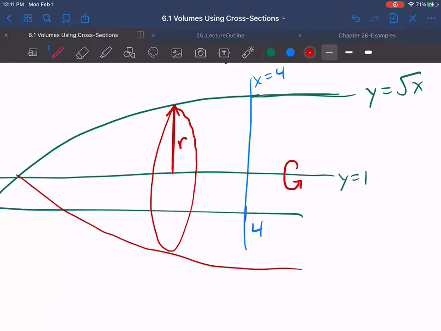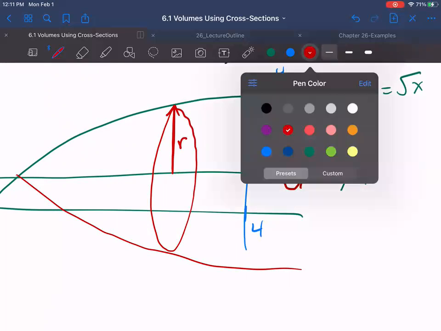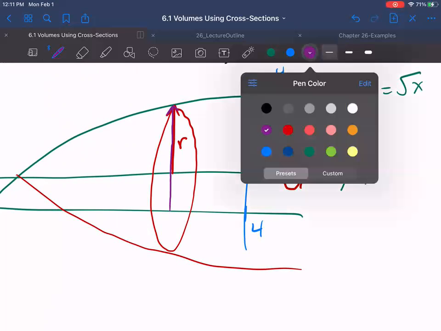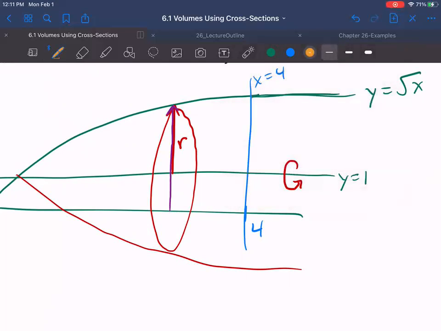Let's look at it. Let's say we take a look at this and we say, all right, this is the radius we have coming up from the axis for square root of x, right? And then we also have this coming up to y equals 1. So isn't r just the purple arrow minus the orange arrow? I think that's what you were trying to get at, right?